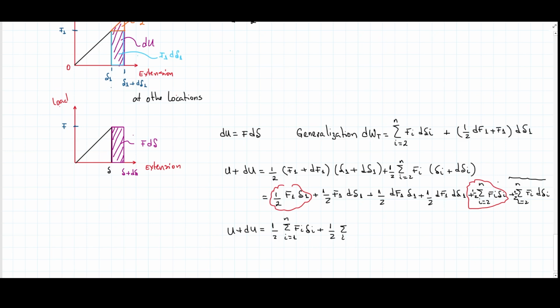I have this term, f multiplied by the differential of the extension, so I could write i equals 1 to n, Fi, differential of extension. A multiplication of two differentials is too small for our case, so let's get rid of that, meaning the only term alive is force 1 times this one here.